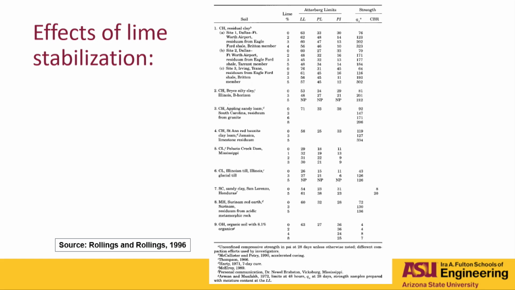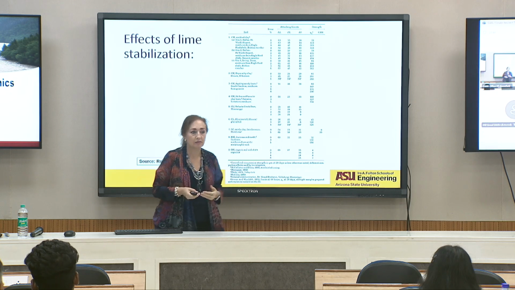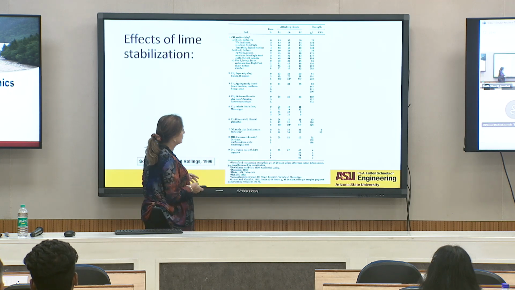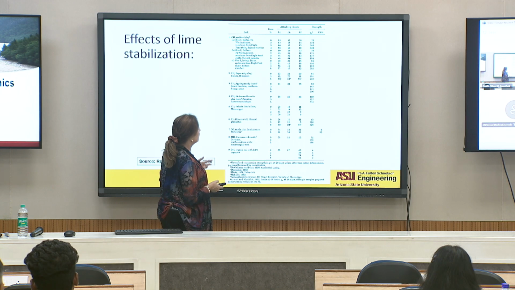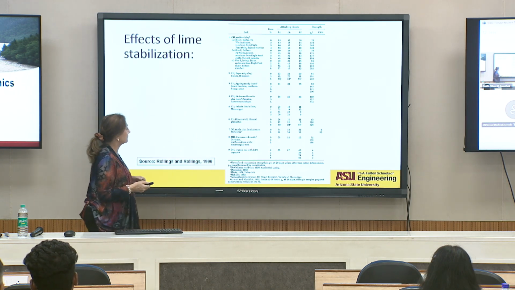When you put 5% of lime, you ended up with a non-plastic soil. So this is the kind of improvement you're going to get. There are some dramatic improvements on that for sure.